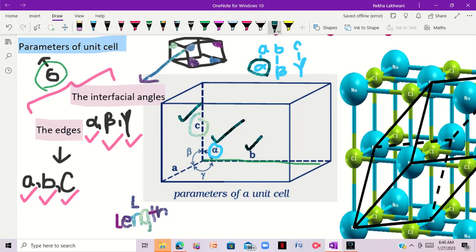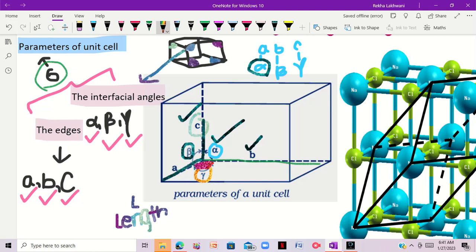Now over here we have beta. What is beta? Beta is the angle between length A and length C. Third we have gamma.